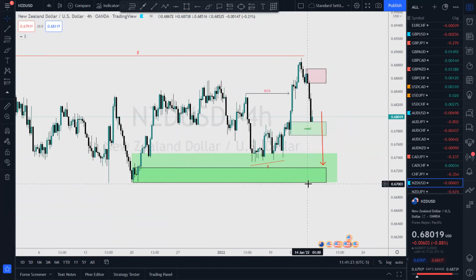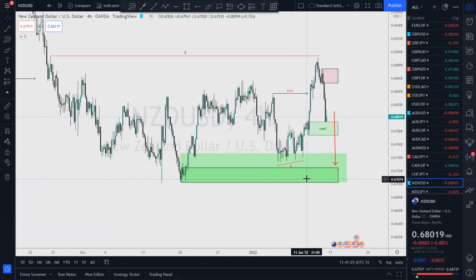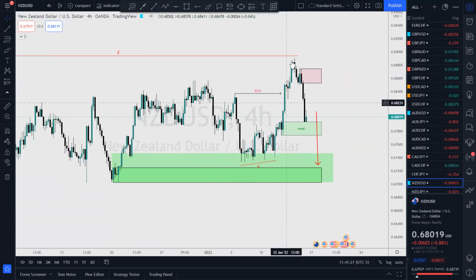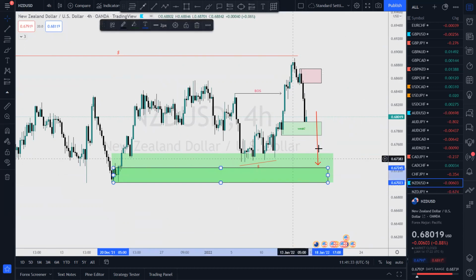I'm not sure if that's going to happen, to be honest with you. We ran the highs. I'm looking for the lows to get ran. And we have a 4-hour order block down here further inside this daily order block. This is demand. And I'm thinking that price is going to find the bottom of this trading range once again.